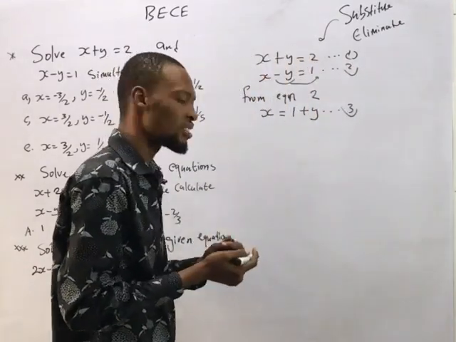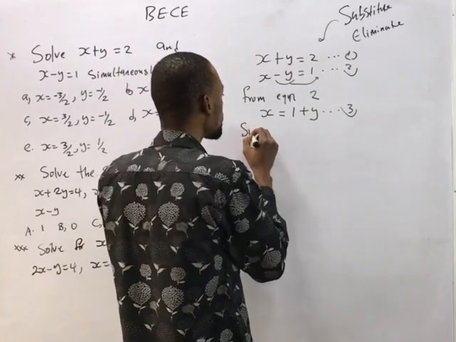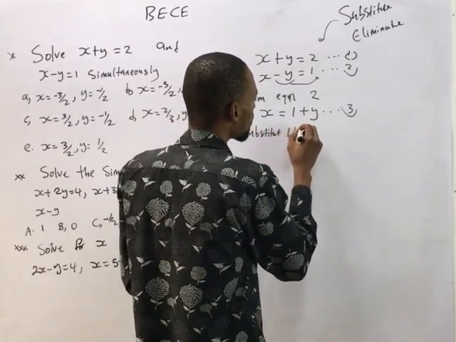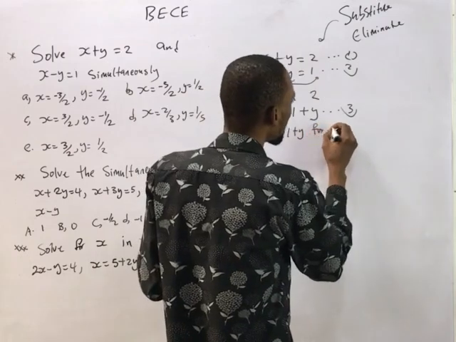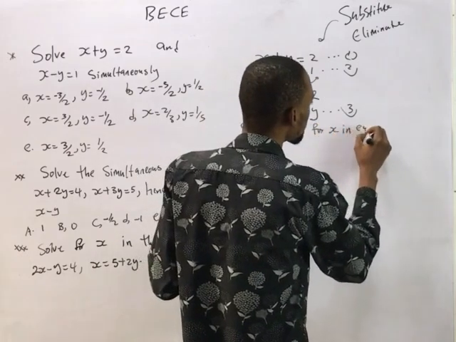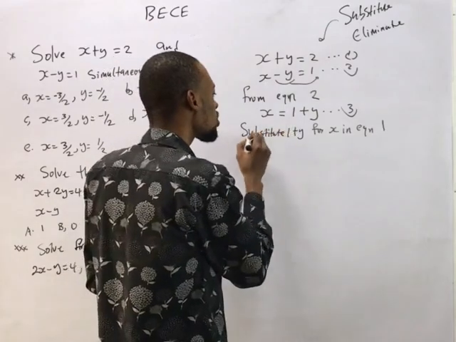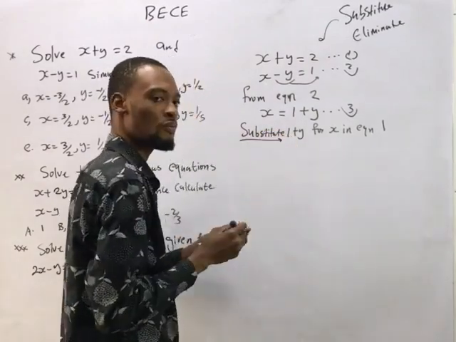Now that we have equation 3, substitute 1 plus y for s in equation 1. Hence, it is called the substitution method.